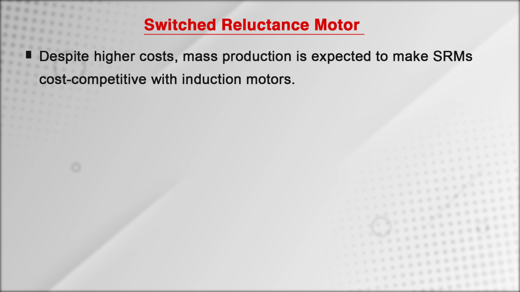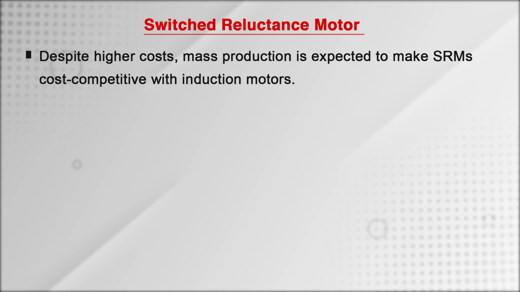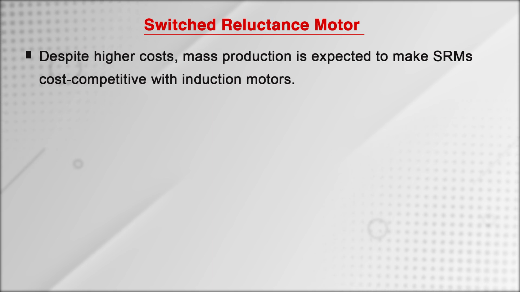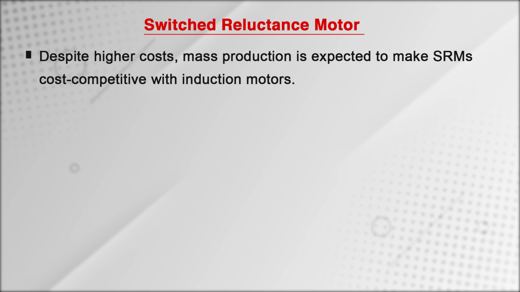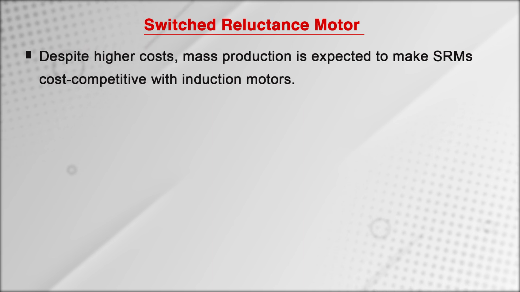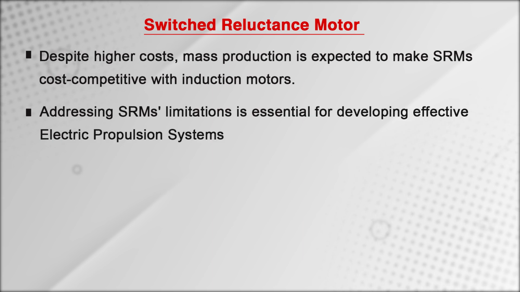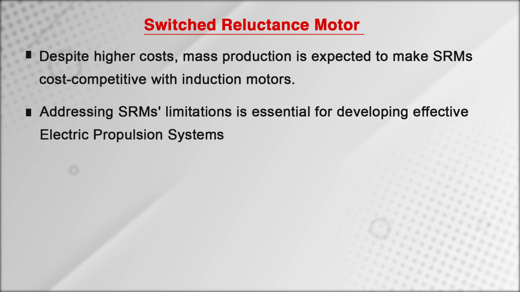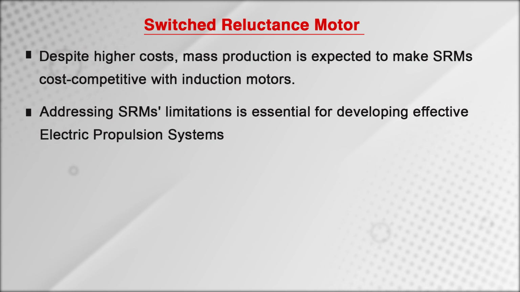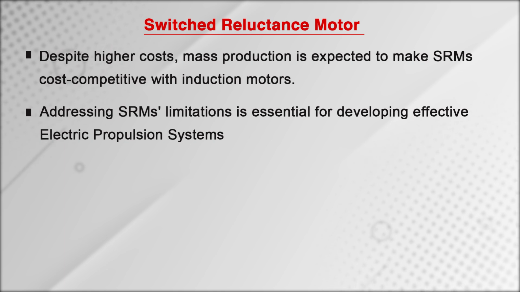Despite their relatively high cost, mass production is anticipated to make switched reluctance motors more cost effective, comparable to induction motors or other motor technologies available for electric propulsion systems or electric vehicles. So, while the benefits of switched reluctance motors make them suitable for vehicular applications, addressing their limitations is crucial for developing a sustainable solution for electric propulsion systems.